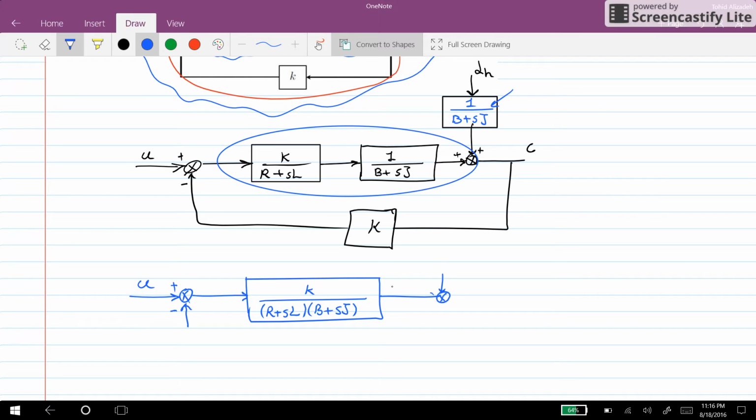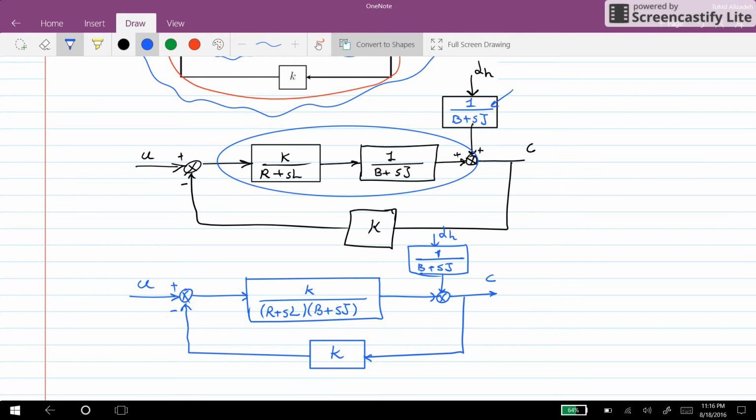Then we have the disturbance affecting the system with this transfer function 1 over B plus SJ, output C, and feedback gain of K. So this is what we get.